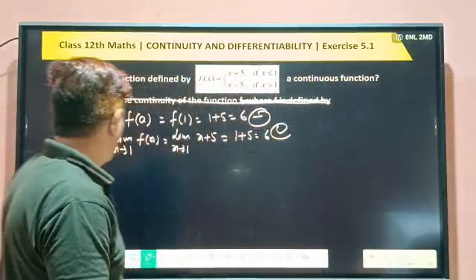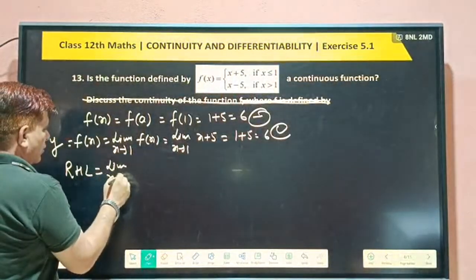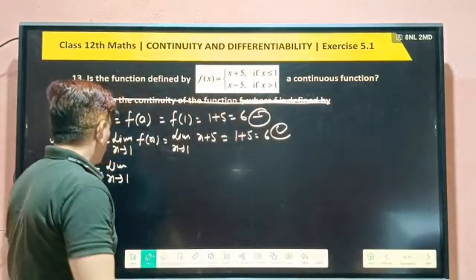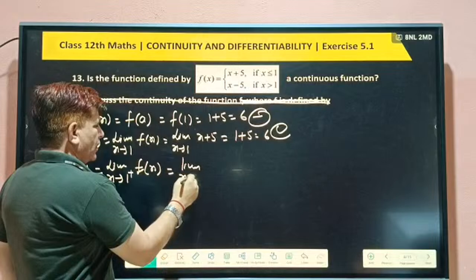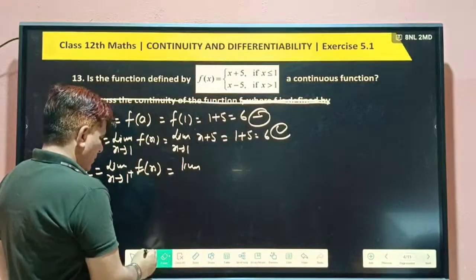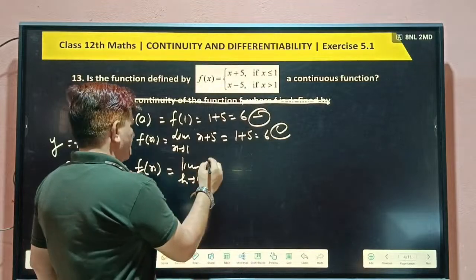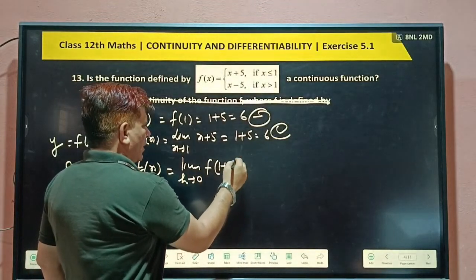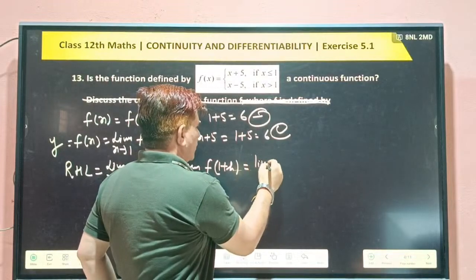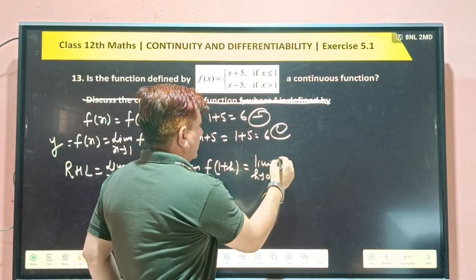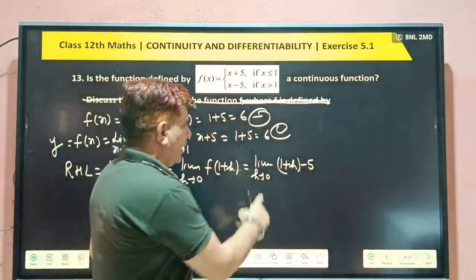So it means we have to find the RHL. RHL is equal to limit x tends to 1, here a is 1, plus of f(x), equal to limit h tends to 0 of f(1 plus h). Anywhere x is given, we can put this value, equal to limit h tends to 0 of 1 plus h minus 5. Understood? And h tends to 0.